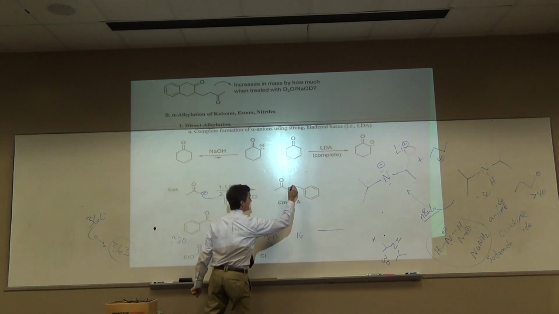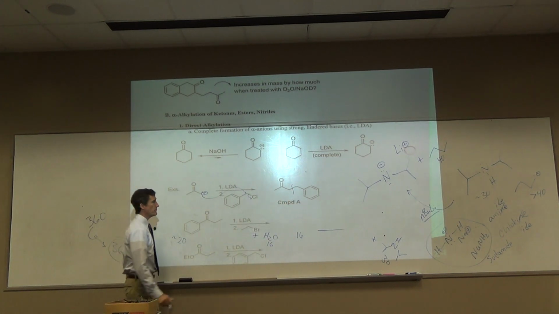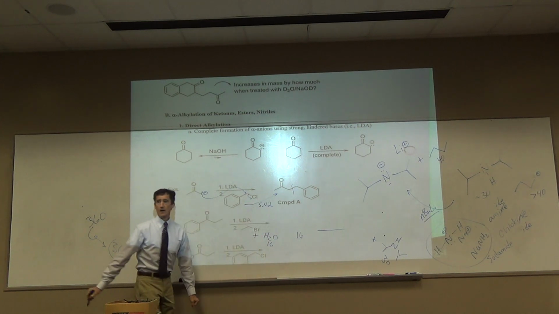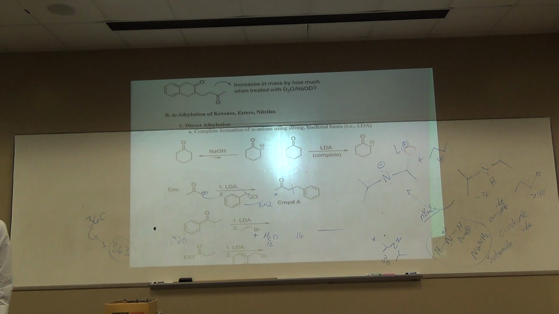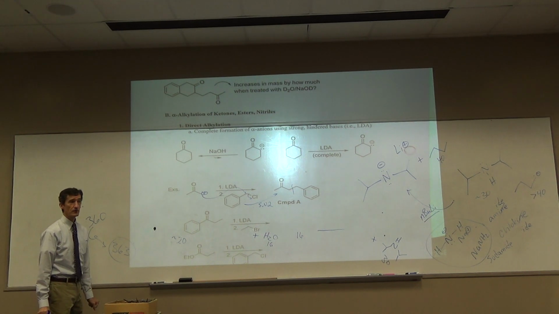Which bond did we just make? Right there, yeah? Carbon-carbon bond formation by an SN2. We could have showed this reaction in organic 1. We generate the carbanion by complete deprotonation of the carbonyl. Pretty straightforward? Good old SN2.